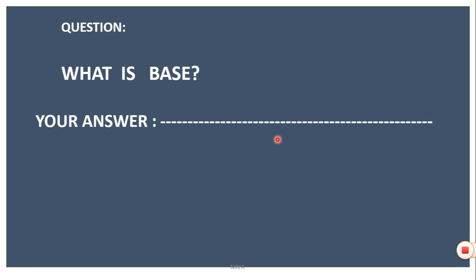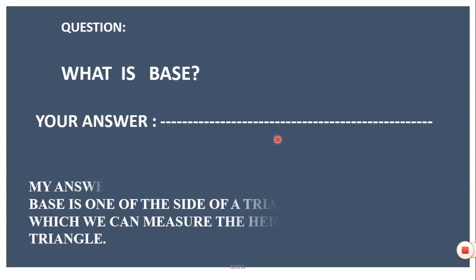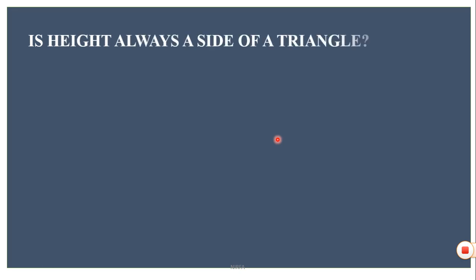Okay, you have written. Now, according to me, the base is one of the sides of a triangle from which we can measure the height of the triangle. That side is called the base of the triangle. Now, another question is: is the height of a triangle always a side of the triangle?